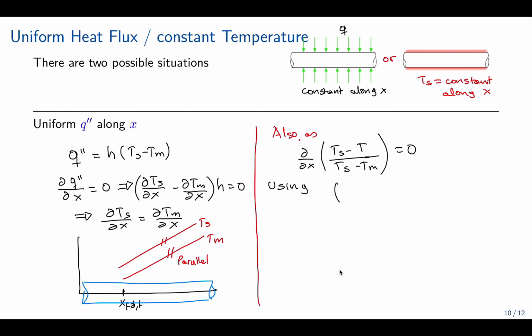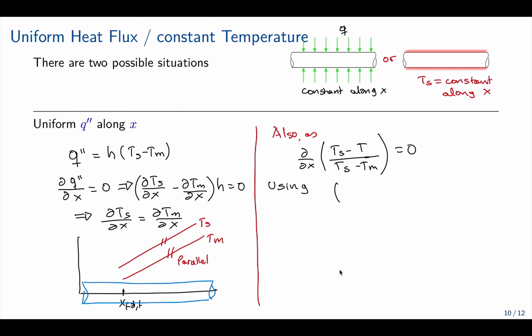So again we have our pipe. This is X fully developed, and we have now Tm and Tr.